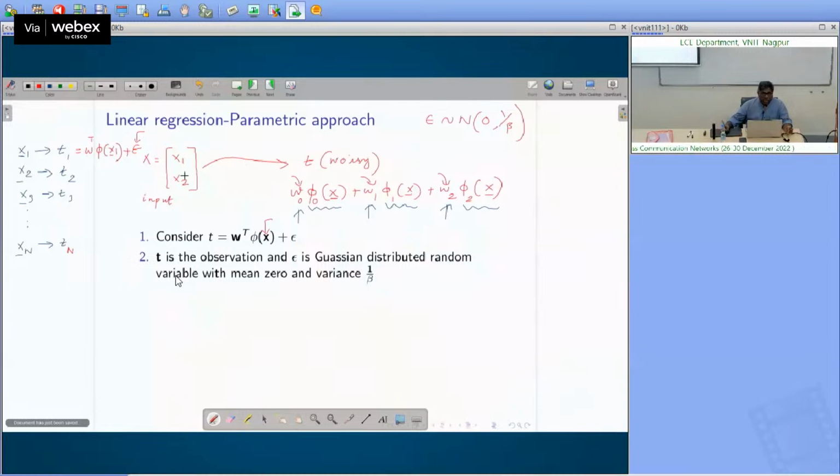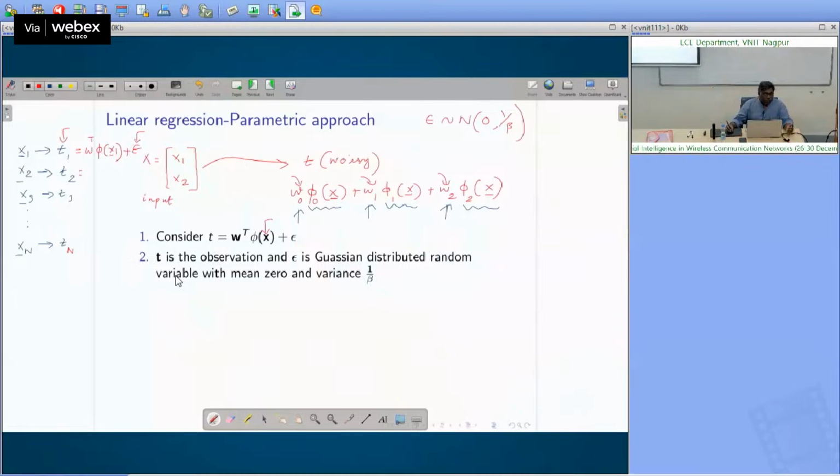That makes this observation T1 noisy. For the same set of RLC, when I measure that voltage again, it is not going to be the same value. First time you will get 2.3, second time you will get 2.34. You have some fluctuations because of this noise added to it, which is contributed by this epsilon.